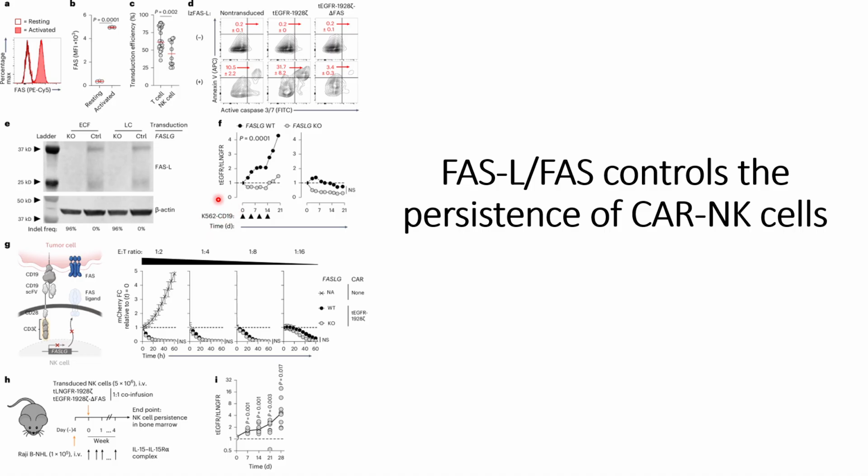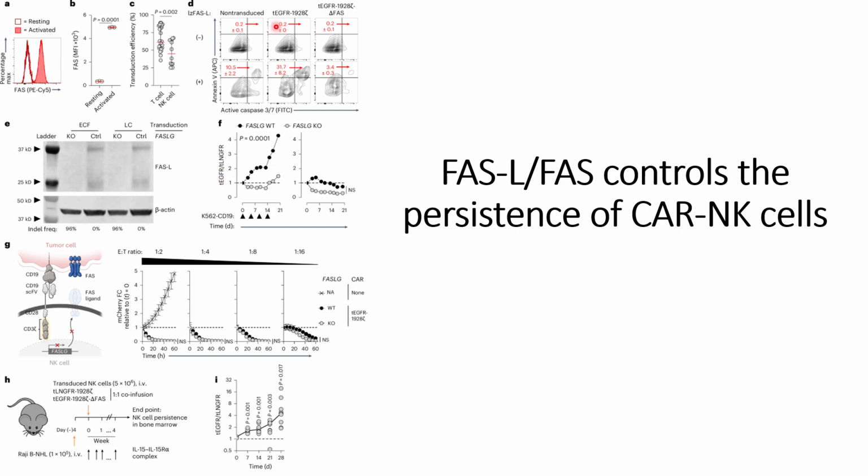K562 CD19 is used as it helps in the activation of the NK cells, as CD19 will interact with the CD19 CAR expressed on the CAR transduced NK cells. So in the case where FASLG is wild type, they were able to see a rise in signals for TEGFR upon TLNGFR.